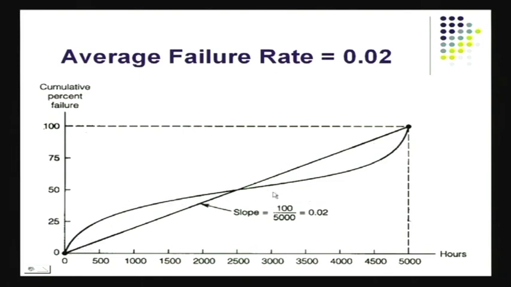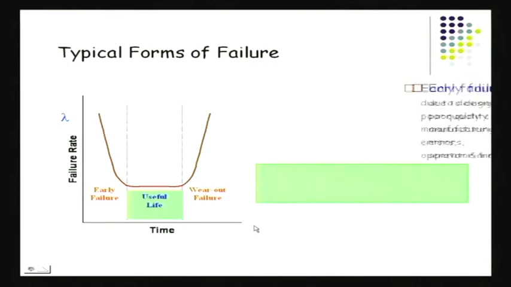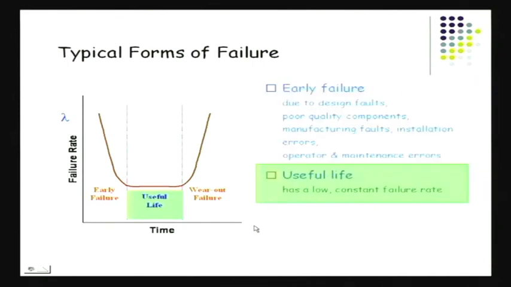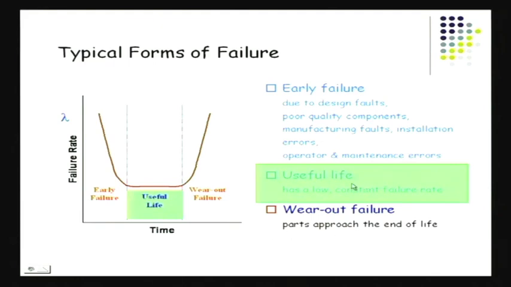And in between, you'd actually enjoy a failure rate that's going to be smaller than the overall average. The same thing can be said again if you look at the bathtub curve. There is the early failure period, then there is the useful life, then of course the wear out failure. These are the three phases in almost any product.